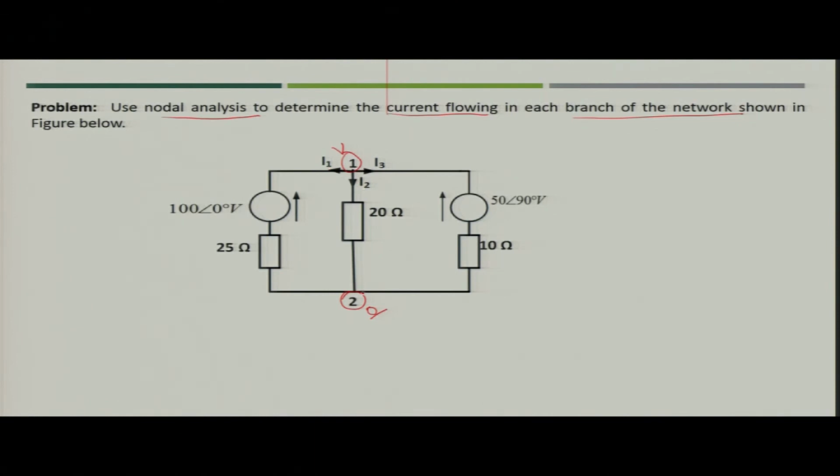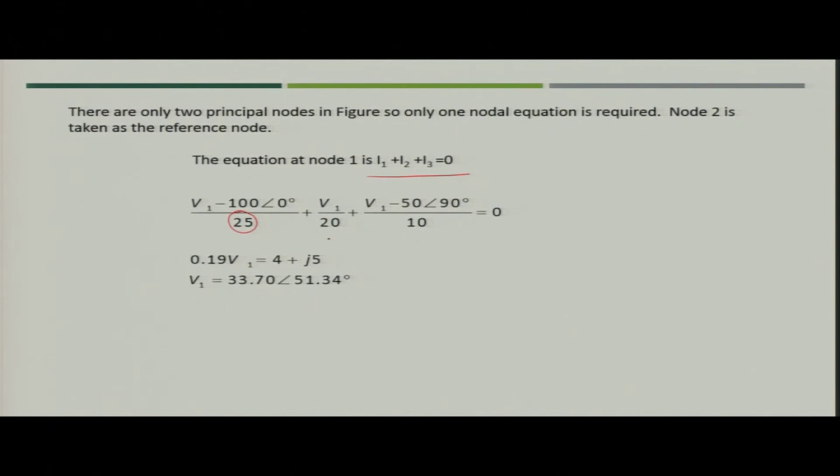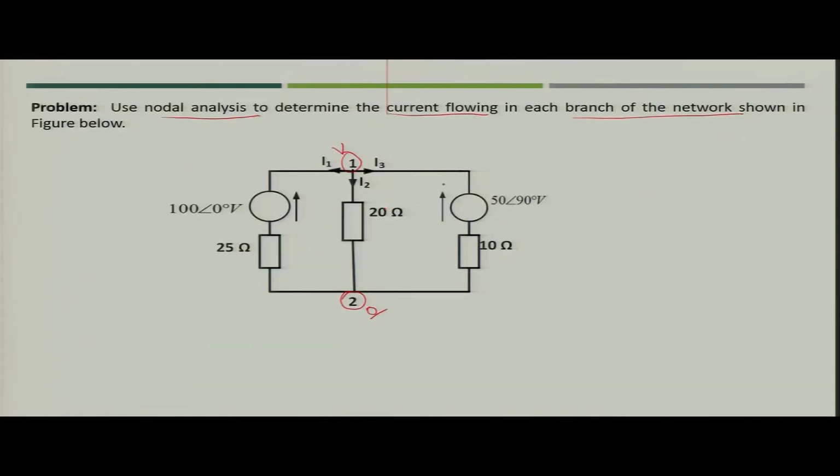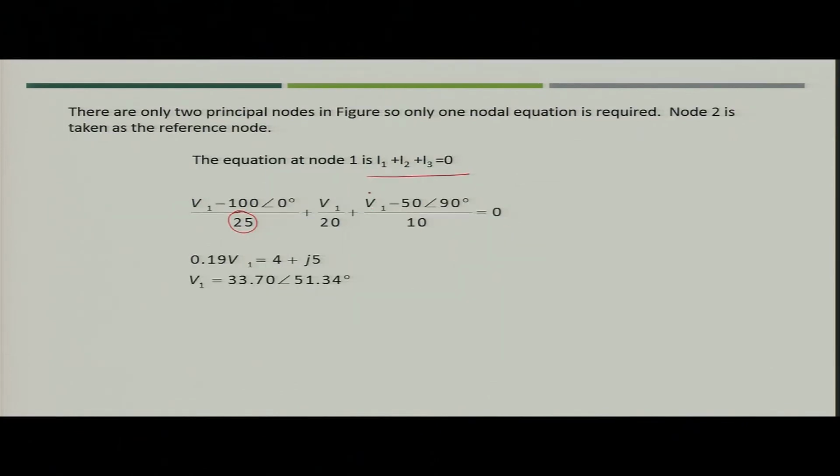You get V1 divided by 20 ohm, because reference voltage is 0. So, I2 is nothing but V1 by 20. Now, what is I3? I3, in this case, would be V1 minus the voltage 50 angle 90 degree divided by 10 ohm, and then I1 plus I2 plus I3 would be equal to 0.